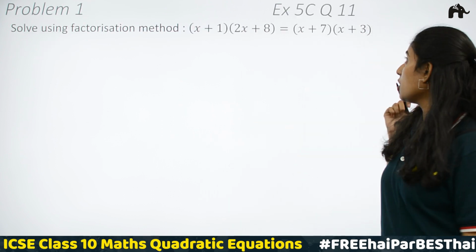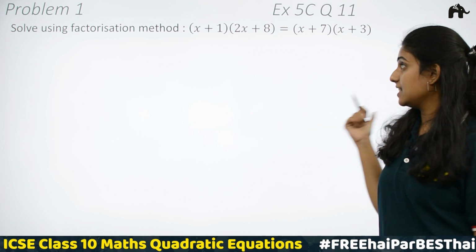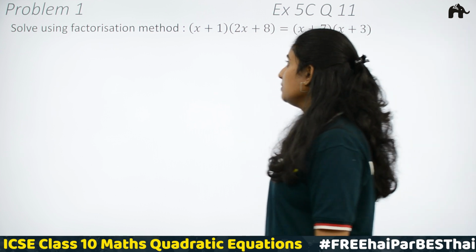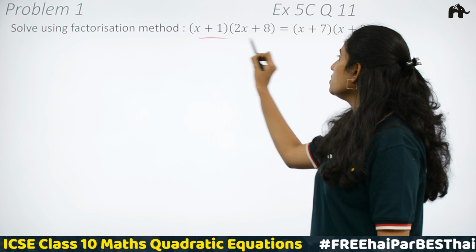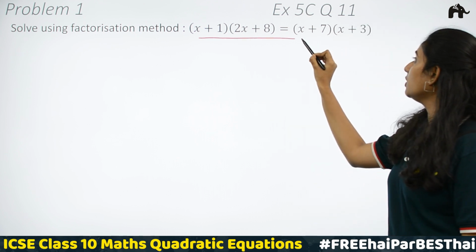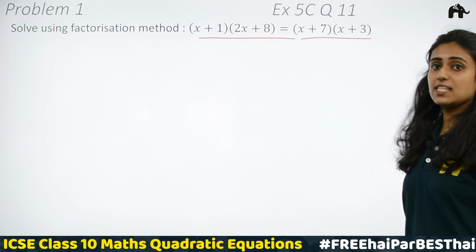Here we have the first problem, question 11 of exercise 5C. Solve using factorization method. x plus 1 into 2x plus 8 is equal to x plus 7 into x plus 3.